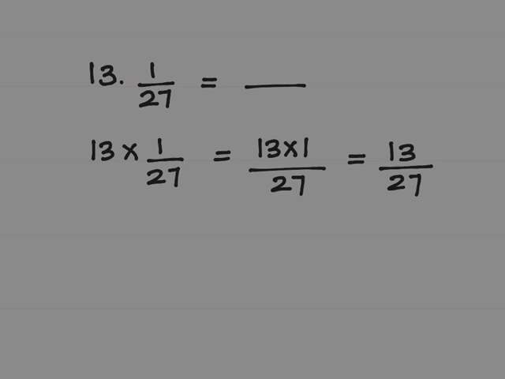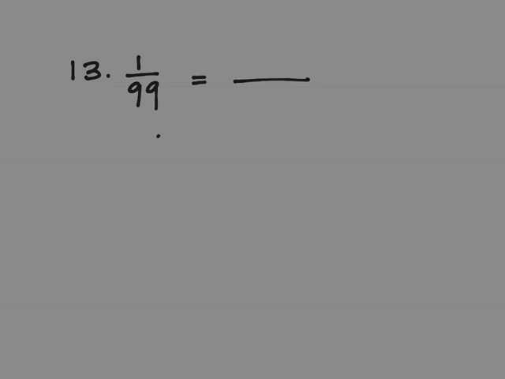So that is the answer, 13 over 27. Okay, next problem, 13 ÷ 1/99 equals what? This can be written as 13 times 1 over 99, which is 13 by 99.